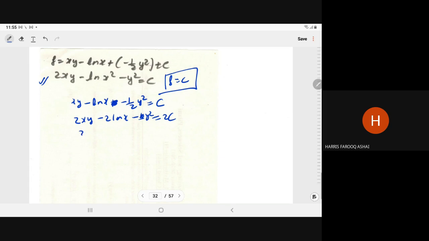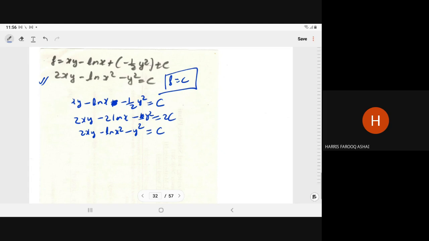So 2xy minus ln of x square minus y square is equal to c. Means the sum of constants is again a constant, and scalar multiplication of a constant is again a constant. So always we write c again and again.